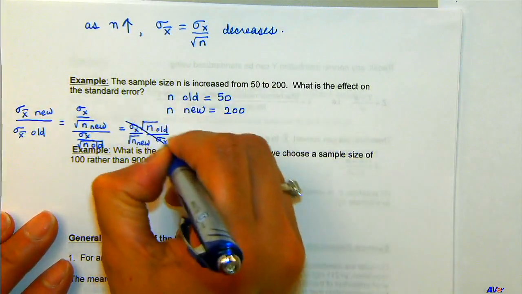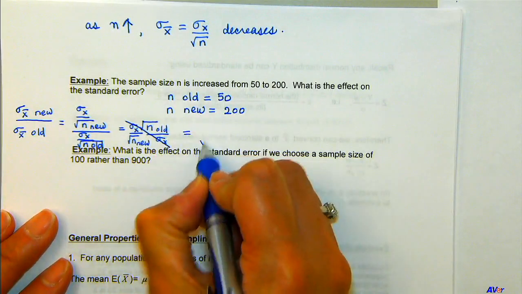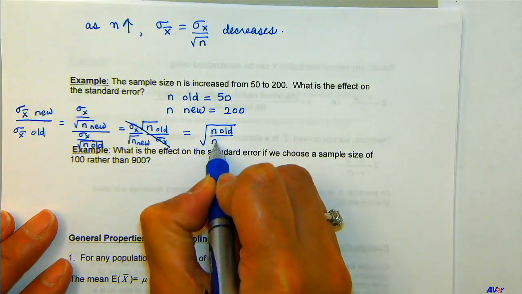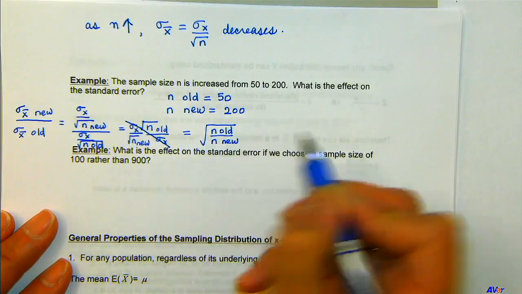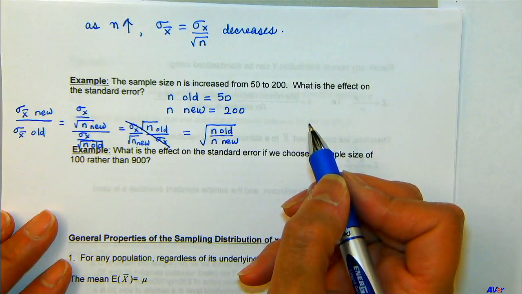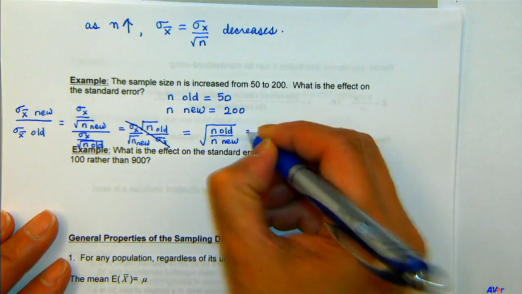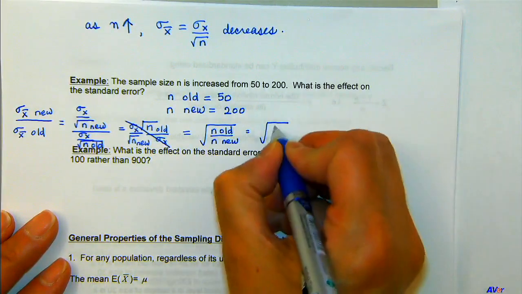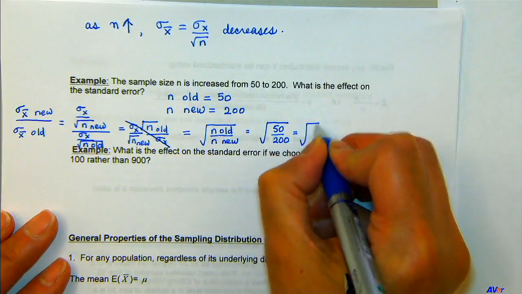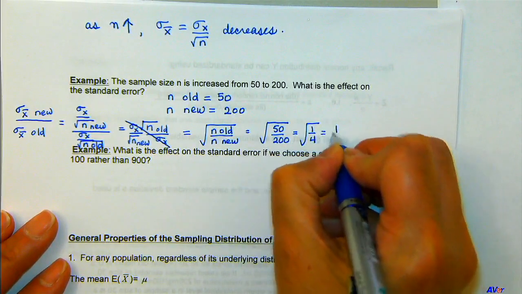The sigmas cancel and I get radical n old over n new. So that would be radical 50 over 200, which is rad 1/4, which is 1/2.